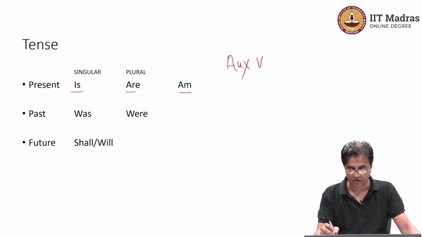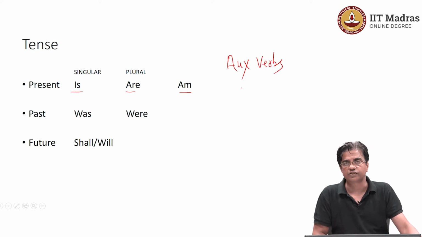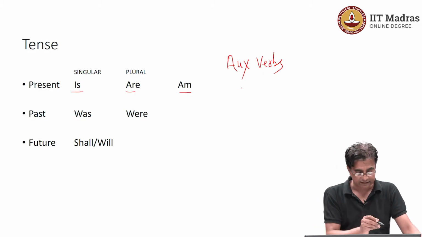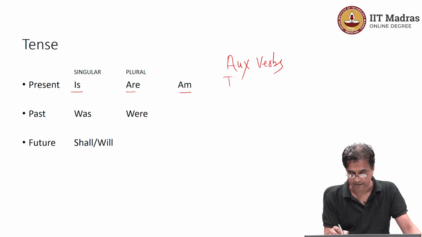Sometimes they are called auxiliary verbs. You can call it whatever you want to call. I don't want to work on how things are named, but I am more interested in telling you the functional aspects of these elements. They are tense markers.